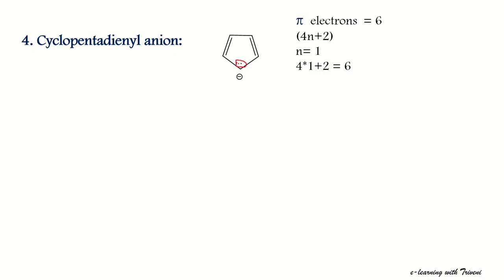Because these electrons are involved in the resonance, and because of the resonance it forms resonance structures. That is the reason we have to consider the number of pi electrons as 6 pi electrons. When you apply the 4n plus 2 rule, the value is 6 and the pi electrons are also 6.